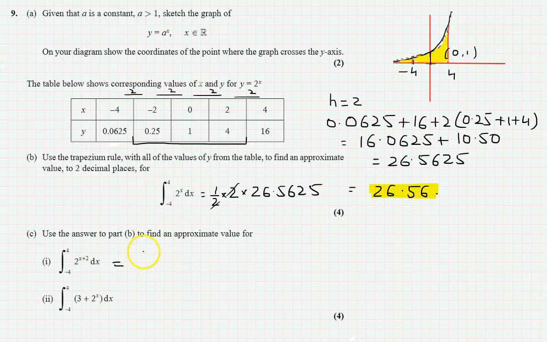Now, the integral from -4 to 4 of 2 to the power x plus 2. That can be written as 2 to the power x multiplied by 2 to the power 2, so that is 4 multiplied by 2 to the power x. So it will be the integral of 4 times 2 to the power x dx.